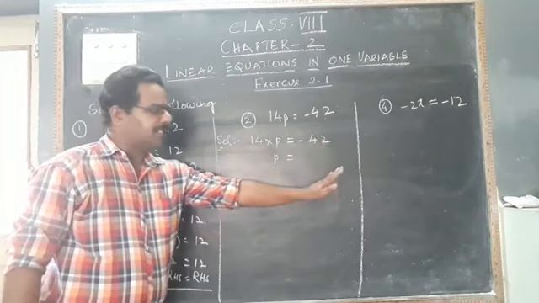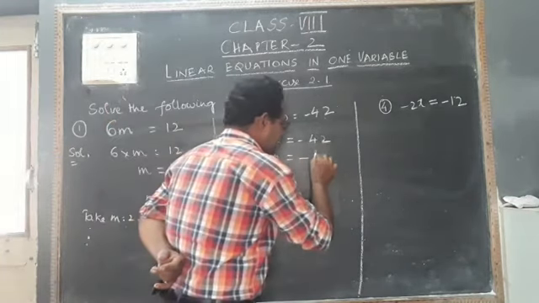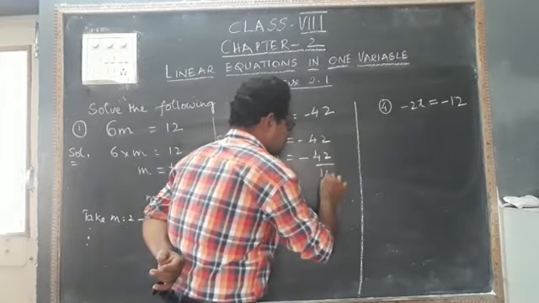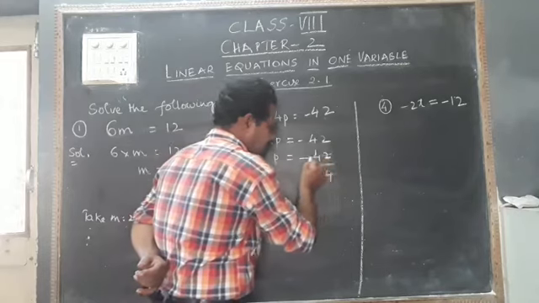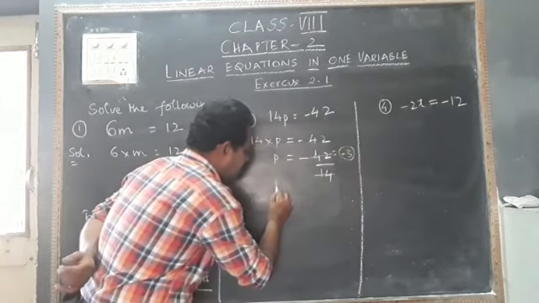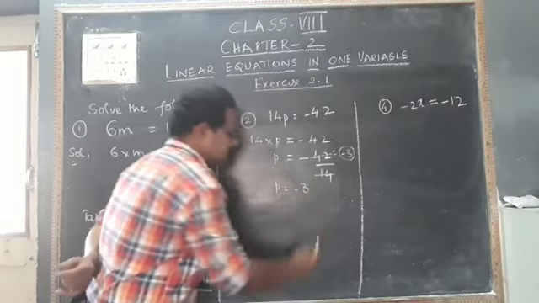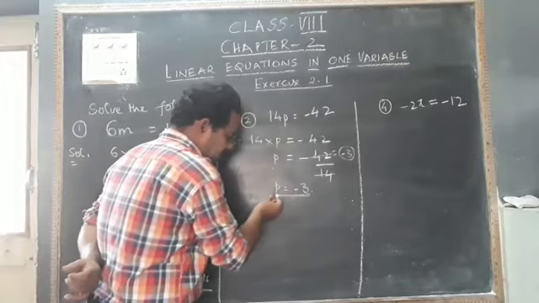If we take this term to that side, transposing this term to that side, automatically it will change into division. Minus 42 as it is. 14 ones are 14, 14 threes are 42. So this is equal to minus 3. That means p is equal to minus 3. So the p value we got is minus 3.